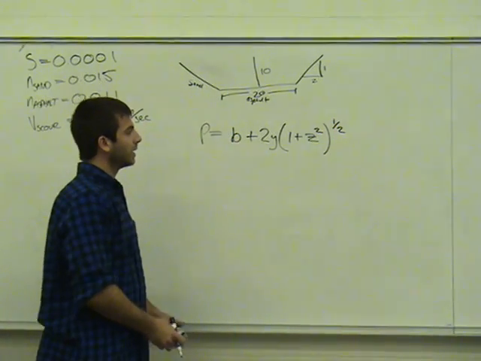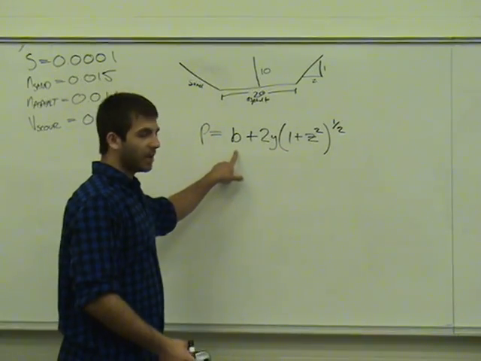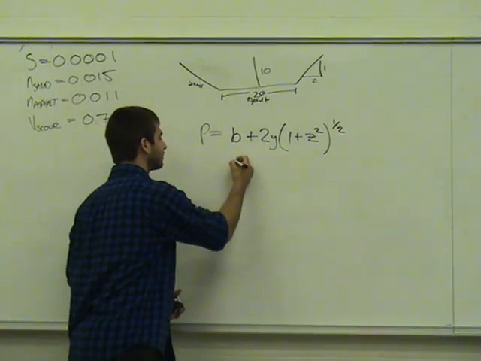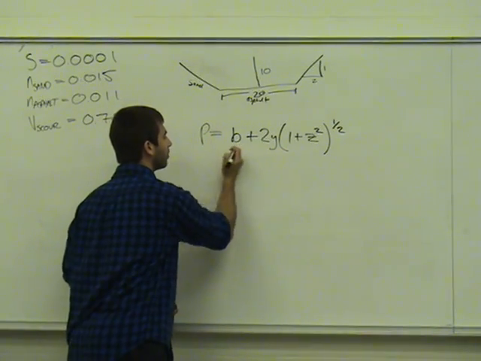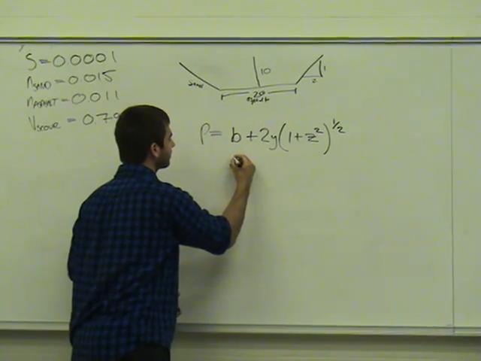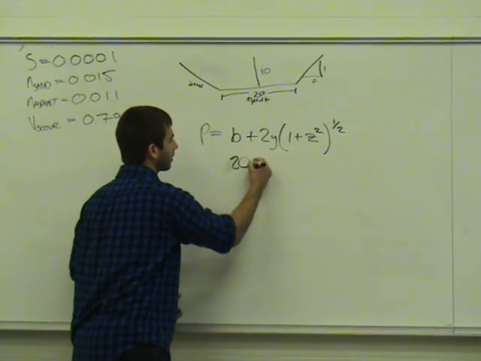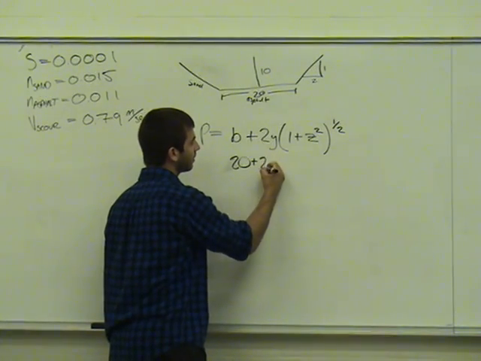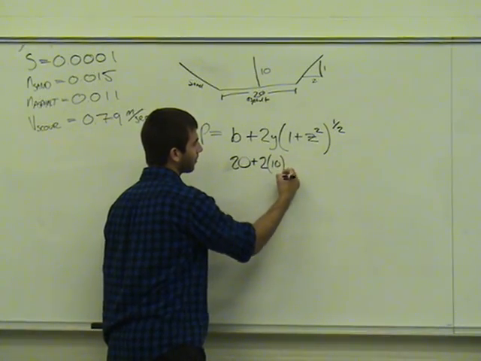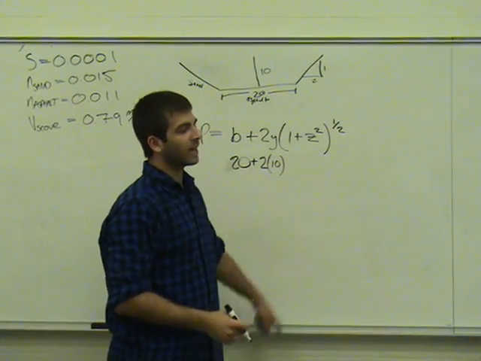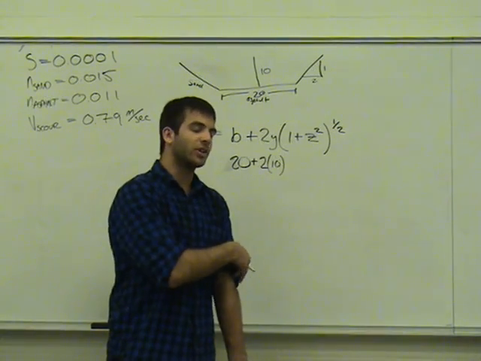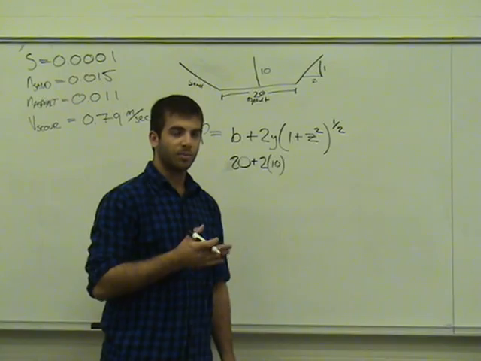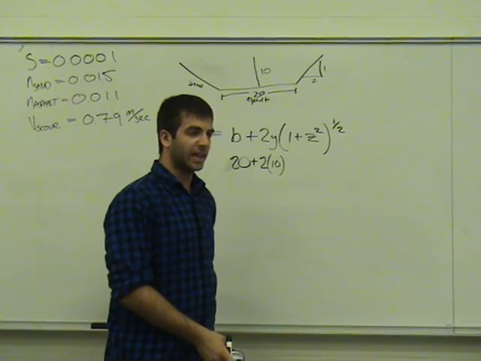All right. We have this equation. We know the base, 20. This is given in the problem. We know our y height, which is also given in the problem, as 10 feet. For our z value, we have to look at a table to see what the proper side slope is for a sandy channel.